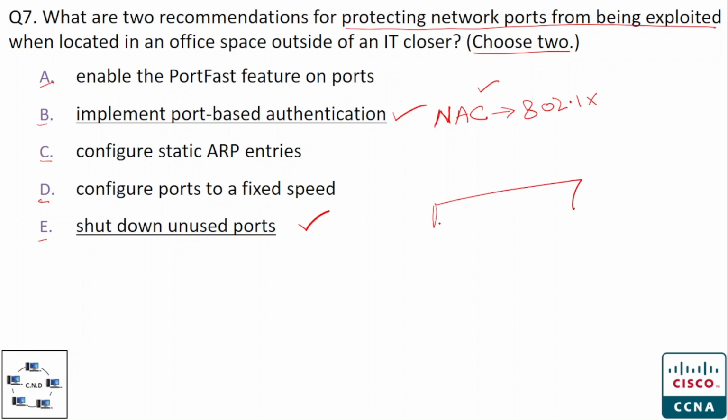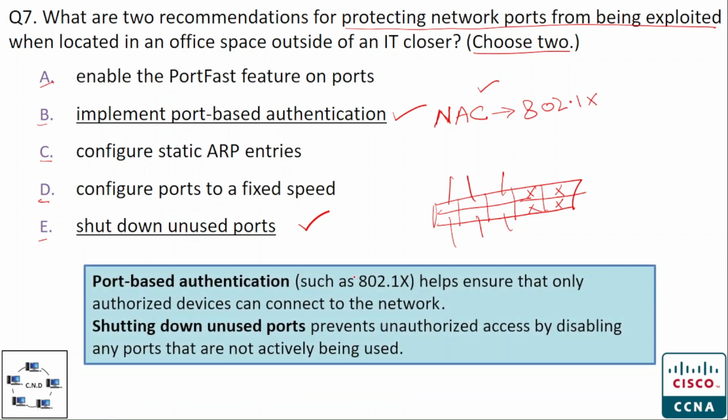Usually the switches have 24 ports or 48 ports or 16 ports, and usually a few ports are used and the rest are unused. If these ports are used and these ports are unused, they are open, then you must disable these ports through configuration so that no one can plug their devices into these ports and access the network.